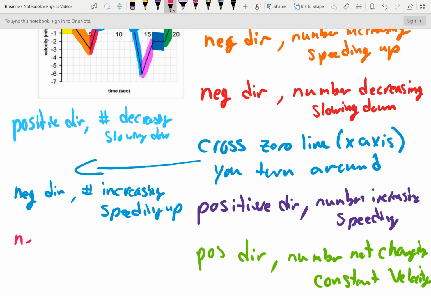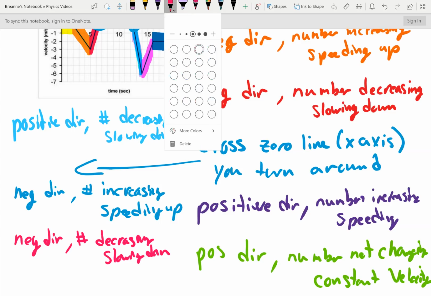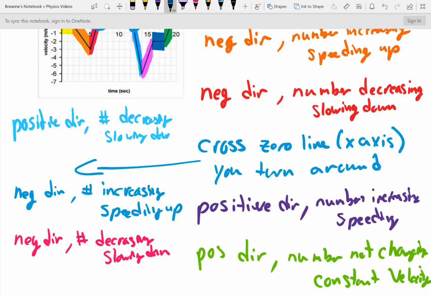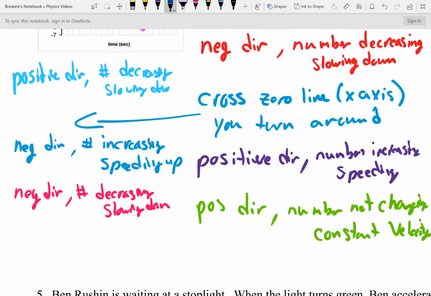You're still in the negative direction because you're below the x-axis, below the 0 line. Your numbers are decreasing, so you're slowing down. You're at constant, still in the negative direction, but your numbers are not changing, so you're at constant velocity.